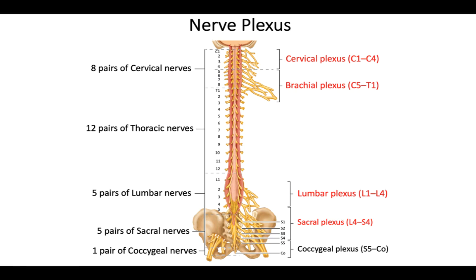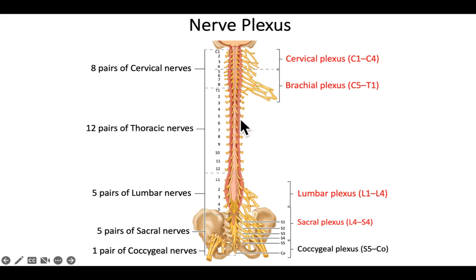All right, so you'll notice that on this side, it shows what spinal nerves form what plexus. So the cervical plexus is where C1 to C4 all interconnect with one another. The brachial plexus is where C5, C6, C7, C8, and T1 all interconnect.